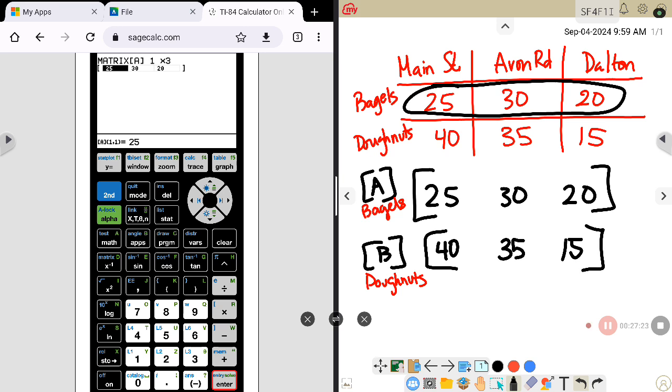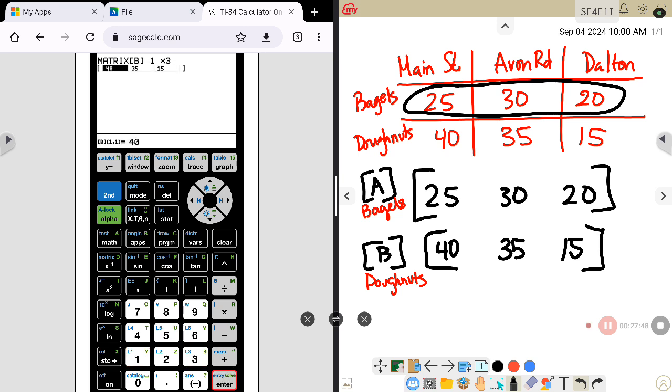So I'm going to put that in the second matrix. So second matrix, go over to edit and down to B, and let's put in our donut numbers. So the order is 1 by 3, and those numbers are 40, 35, and 15.